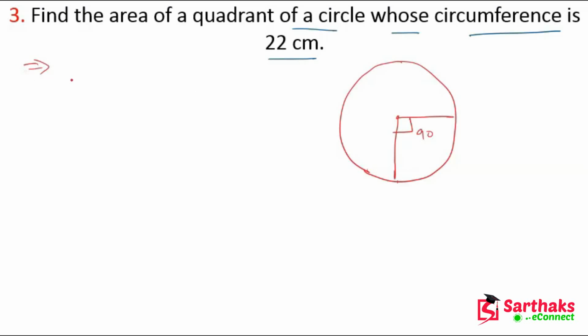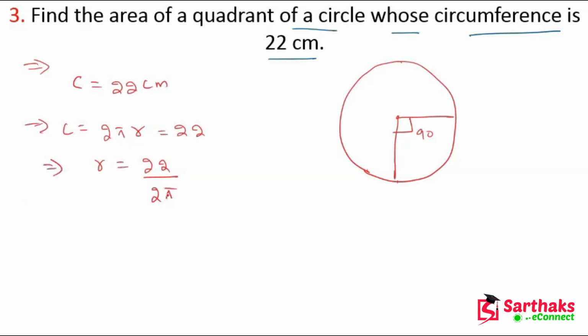So now my dear friends, we have circumference which is equals to 22 centimeter. So with the help of this we can easily find the radius of the circle. What is the formula of circumference? Formula of circumference is 2 pi r. So now this is equals to 22 centimeter. Now here r is equals to 22 upon 2 pi.